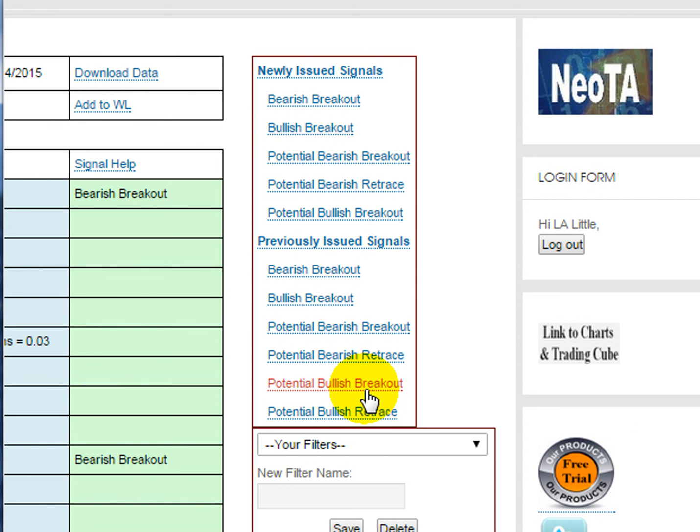Previous to this, we had some potential bearish breakouts, whereas today there is a potential bearish breakout. Let's see here, one of them's missing. There's a retrace bearish, a retrace bullish, and we don't have a potential retrace bullish on today's signals. So as you can see, you essentially have those things that have happened and those things that are about to happen, and that's the genesis of the signals.